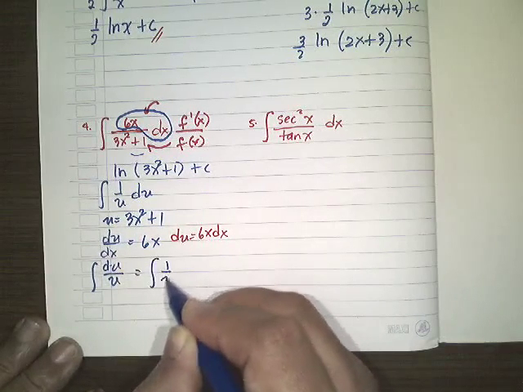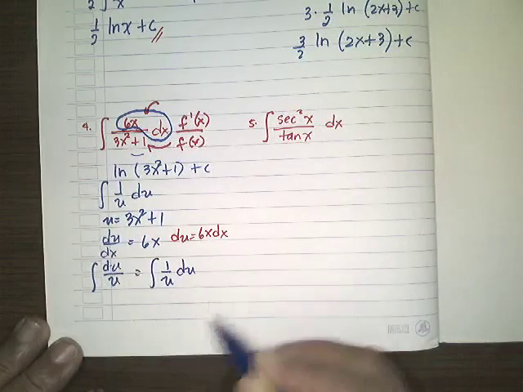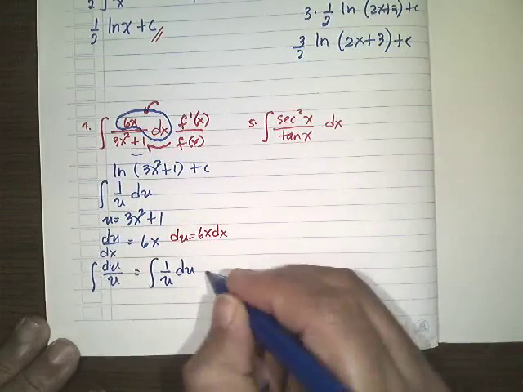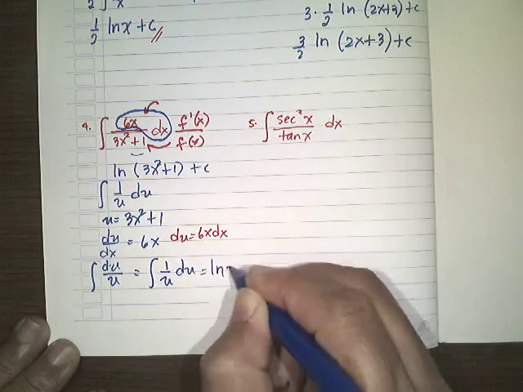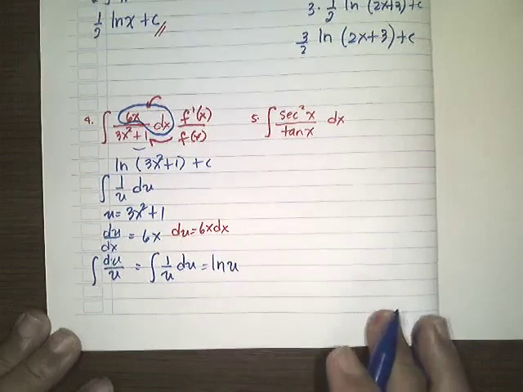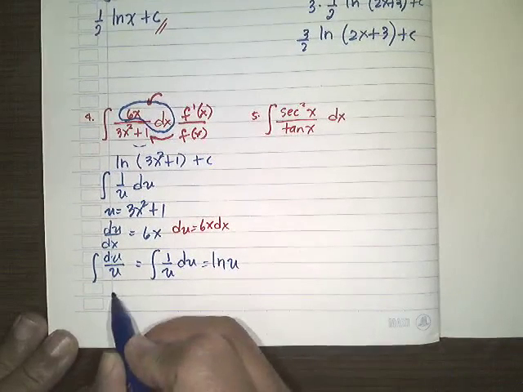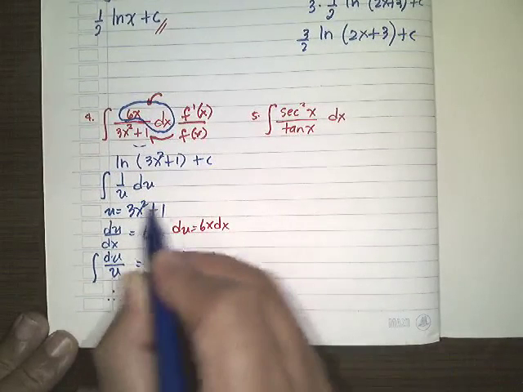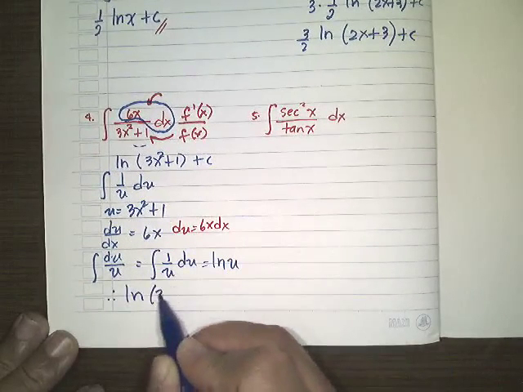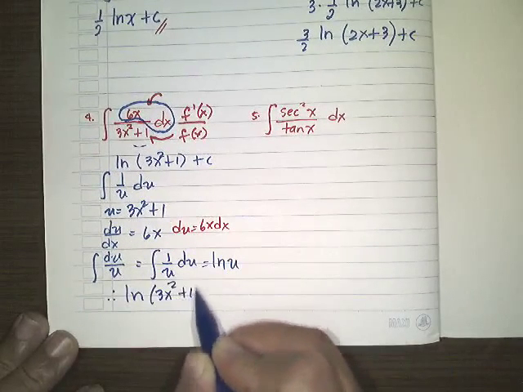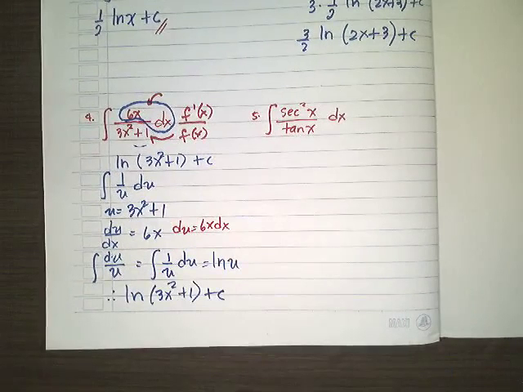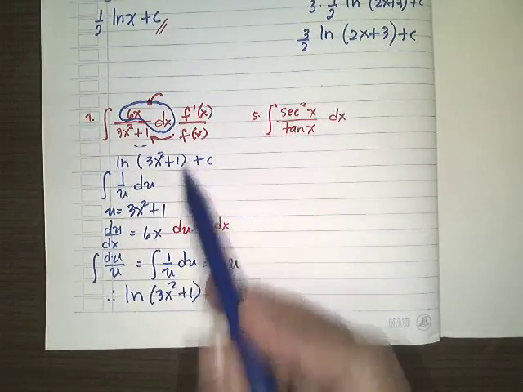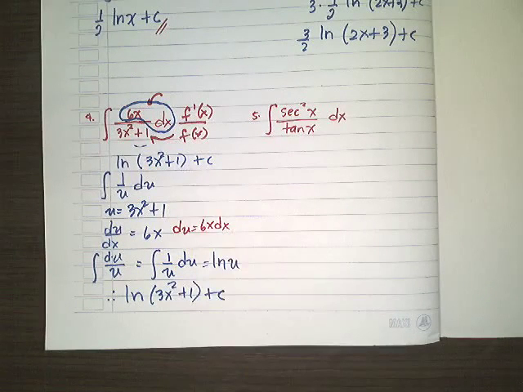There's now 1 over u du, and what is that? This is the natural logarithm of u. Therefore, our final answer is the natural logarithm of u, which is 3x squared plus 1, plus c. So this and that are actually the same.